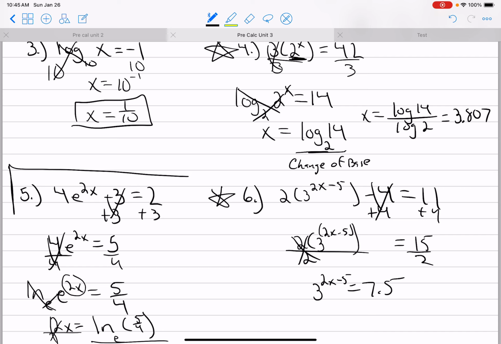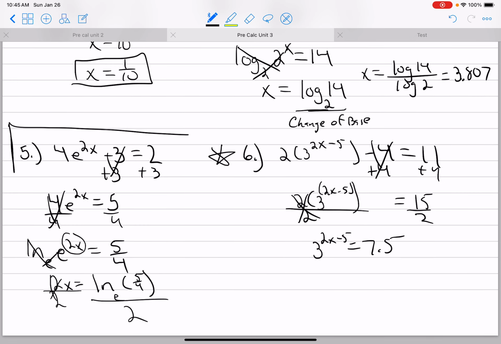Okay, so now I got to start to get closer to this x. This is base 3, so I need to do log base 3. So I end up with 2x minus 5 equals log base 3 of 7.5, right? And now I'm getting closer.